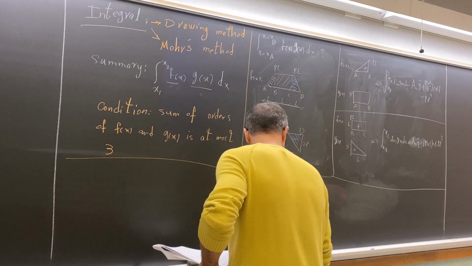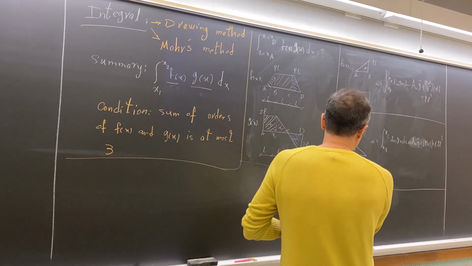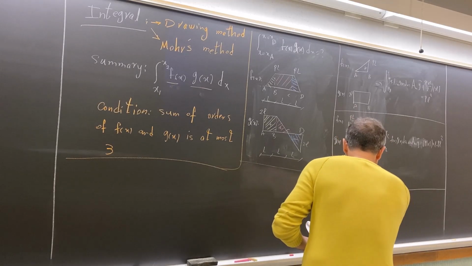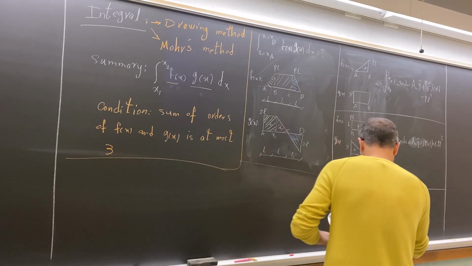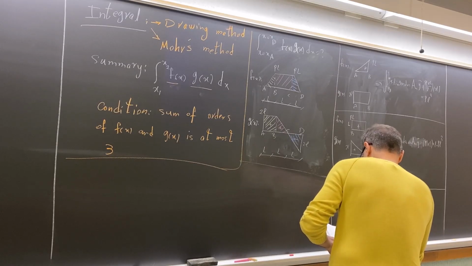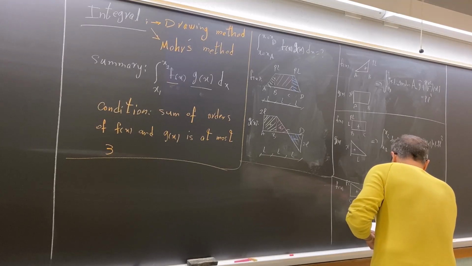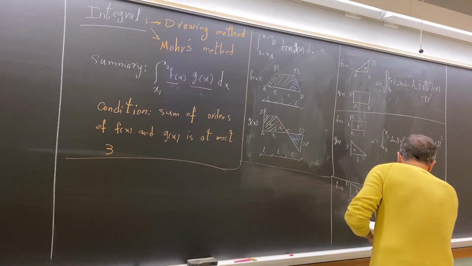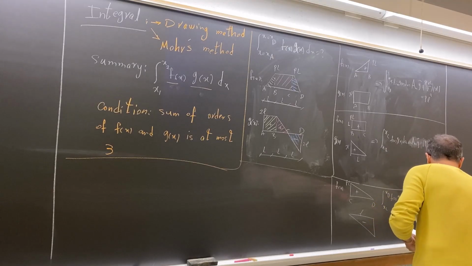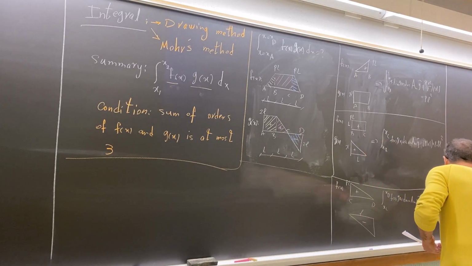Last one. This is F. This is CD. PL. And this is again L. So integral from C to D, FG is AM times Y bar, PL times L divided by 2 times negative 2L over 3.